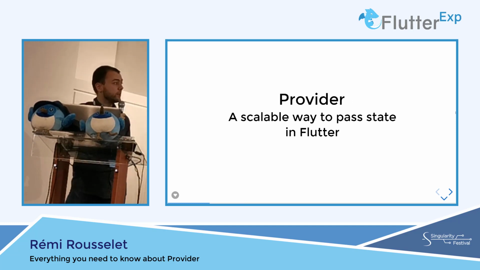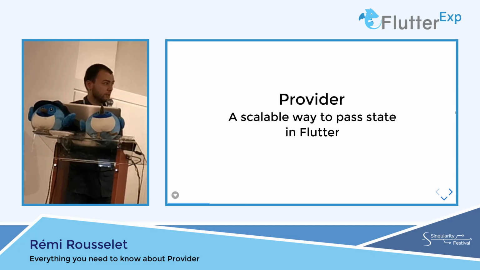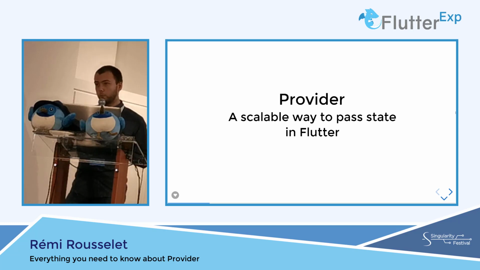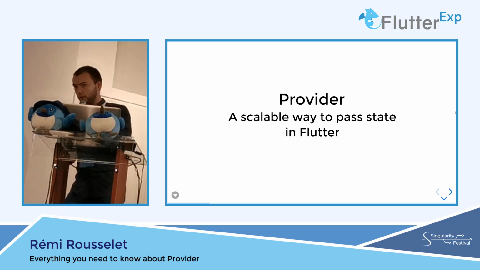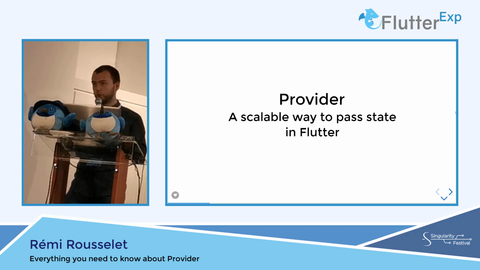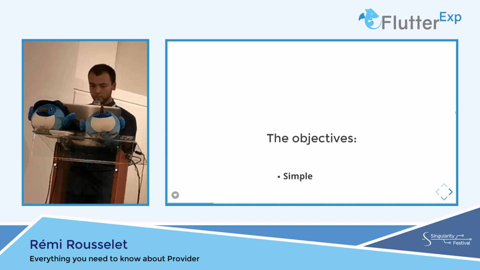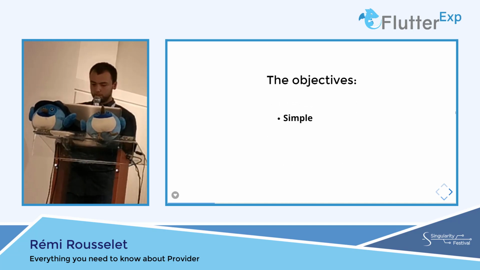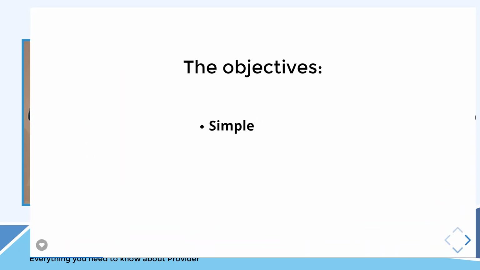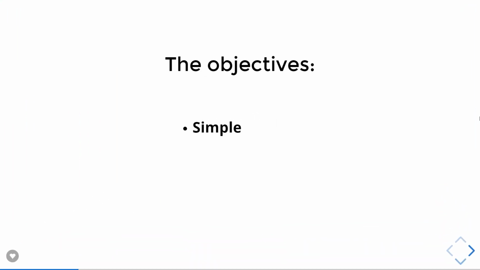So what provider really is, is just a way to make it easier to pass state between your model and another model, or your model and your UI. Provider has a few objectives. The first one is to expose the value, obviously.